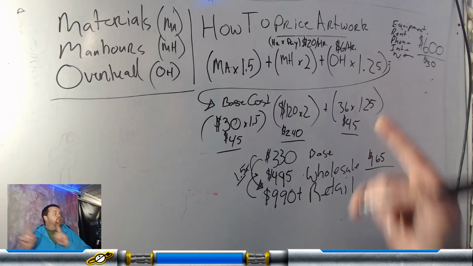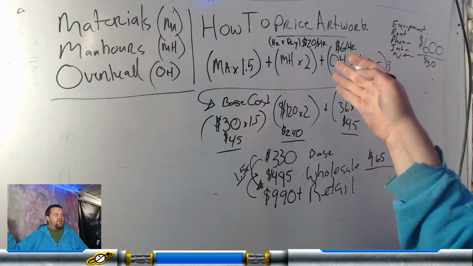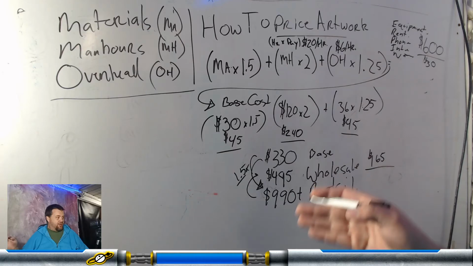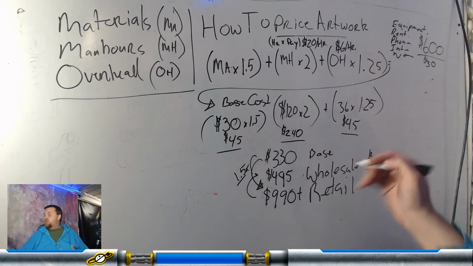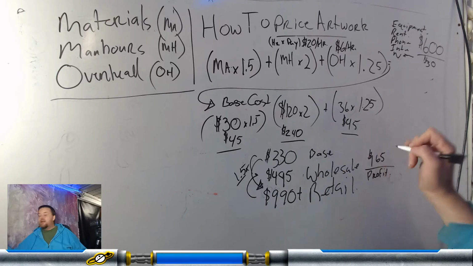It's not bad, but that's microeconomics on one painting. Not a hard thing to think about, but if you take just a standard formula and you could break all this stuff down, you can actually know how much you make on every single thing.